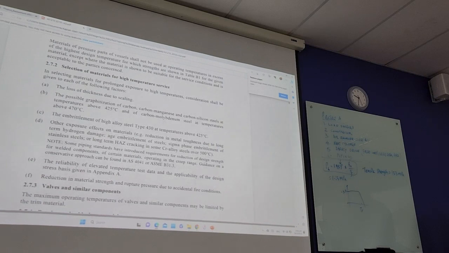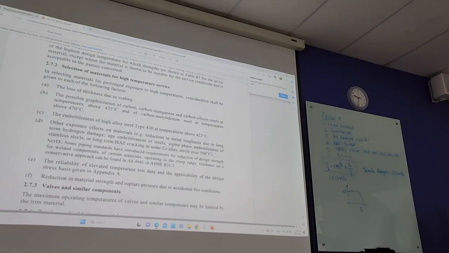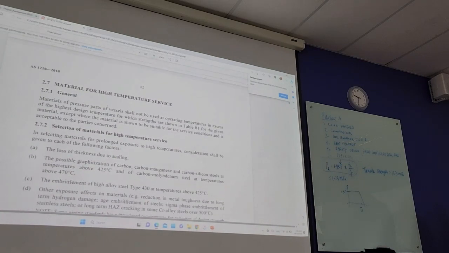If we look at the table I showed you just now, it's 450, correct? Clause 2.7.1 and table B1 for thickness less than 50 mm. Here they show you 2.7.1.